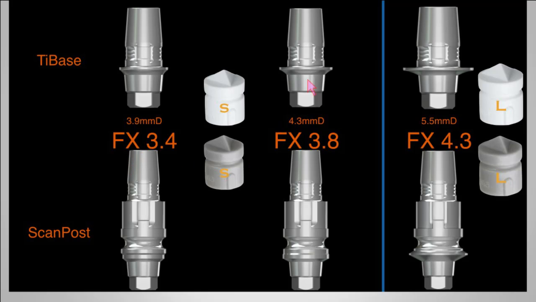The 4.3 tie base requires that you select FX 3.8. The 5.5 tie base requires you select FX 4.3. When you select 3.4, 3.8, or 4.3, it automatically tells the software the exact location of the implant and its rotation so that the prosthetic connection lines up correctly.